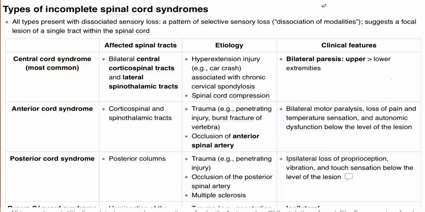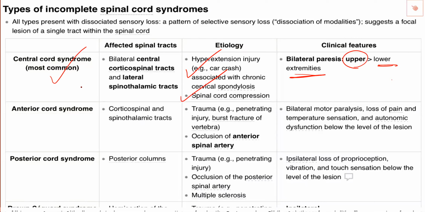In summary, we have this table. Central cord syndrome is the most common one, due to hyperextension injury, and may be associated with chronic cervical spondylosis, syringomyelia, and also spinal cord compression. You will have jacket deformity, with upper extremities more affected than lower extremities.